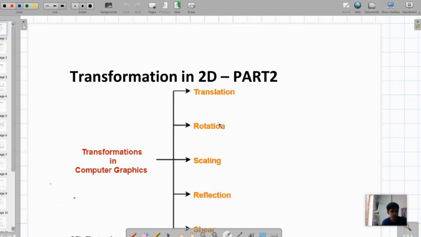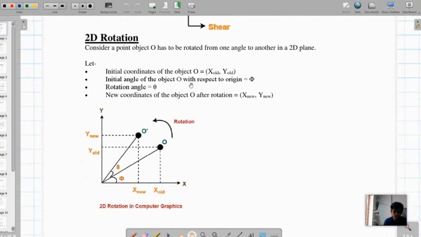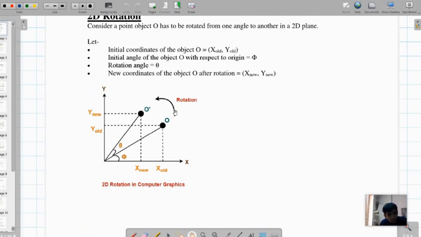When I say rotation, the first thing which comes to my mind is that 2D rotation is a process of rotating an object with respect to one of the primary axes by an angle in a two-dimensional plane. To get the idea in a clearer way, just look at this diagram.